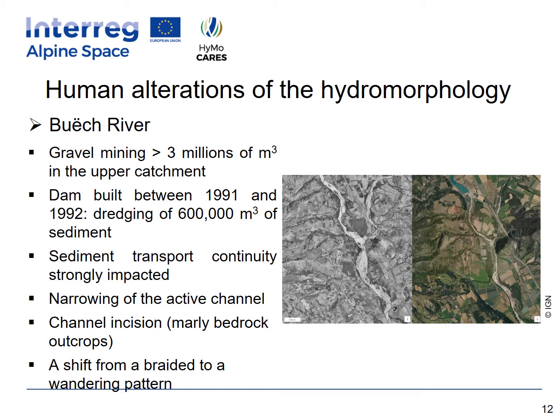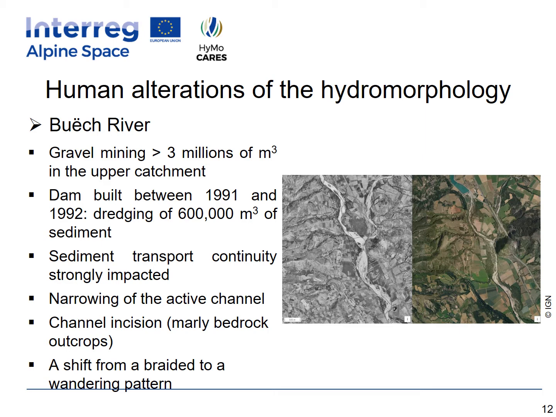As early as 1993, only a few months after the dam commissioning, the formation of an entrenched single-thread channel in the former braided corridor downstream from the dam was observed, with channel narrowing and channel degradation.